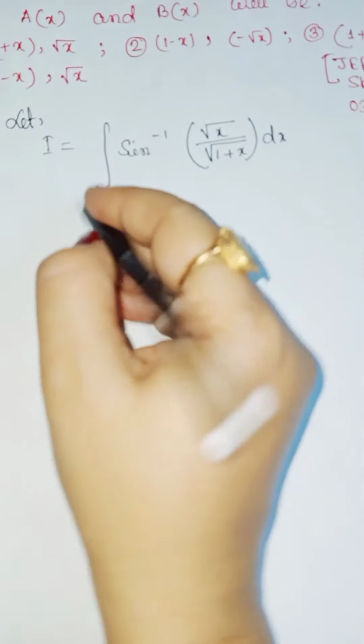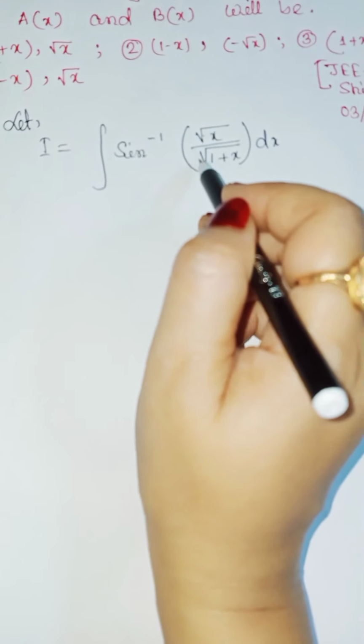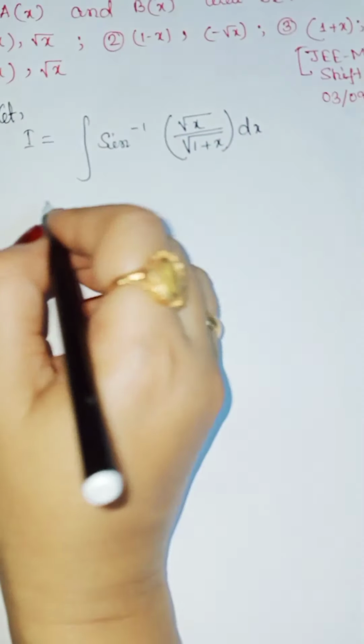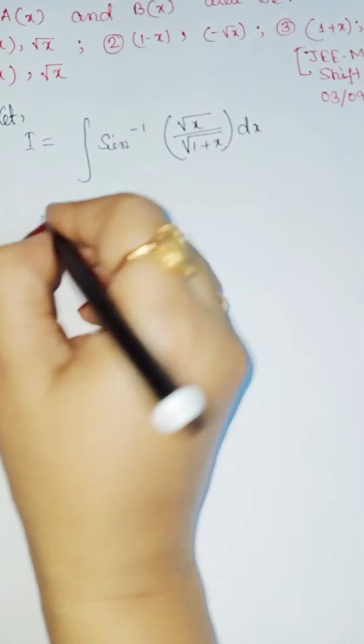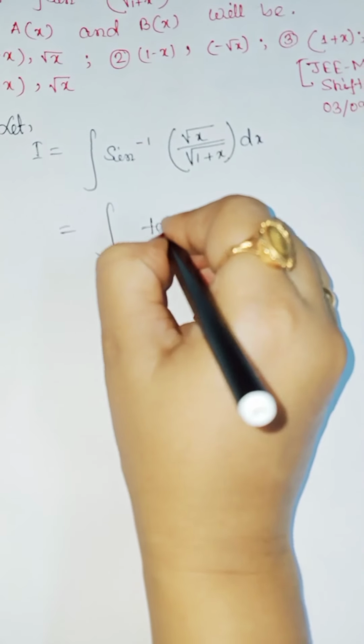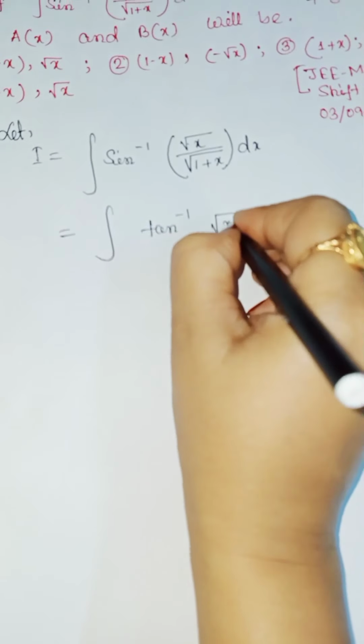Here we know sin inverse of root x divided by root over 1 plus x is equal to tan inverse root x, so we say it is the integration of tan inverse root x dx.